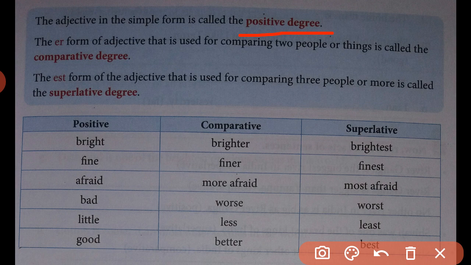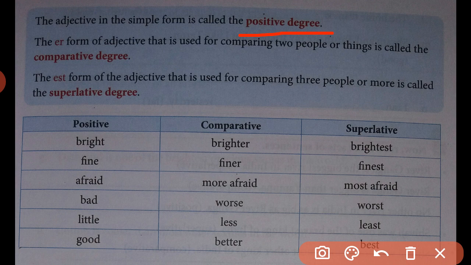Let's move to another kind of degree, that is comparative degree. See here, where can we use comparative degree? The comparative degree is used when the comparison is between two objects or individuals.